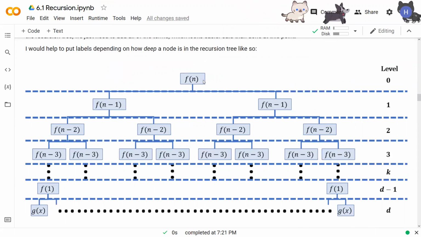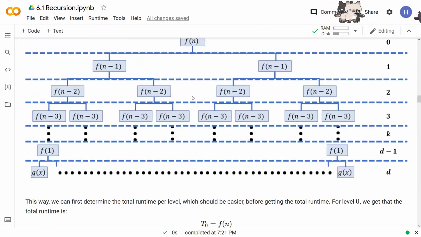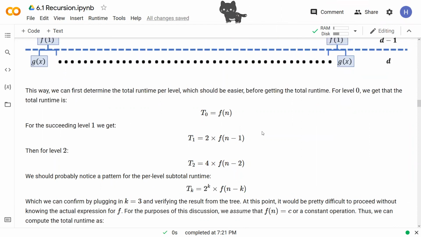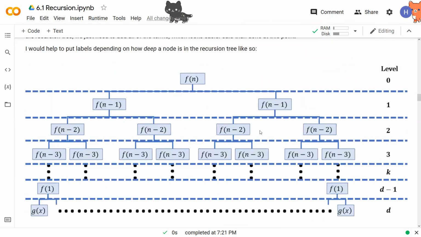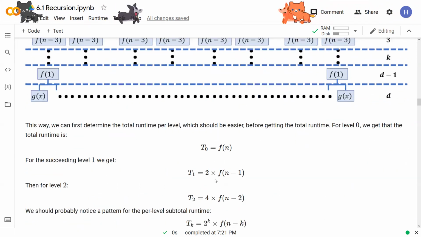So, for level 0, f of n lang siya. And then for level 1, it's 2 times f of n minus 1. Then for level 2, it's 4 times f of n minus 2. Then actually, similar doon sa substitution method, medyo kailangan mo ng konting abstract reasoning, kumbaga, to find the pattern ng ating total per level.